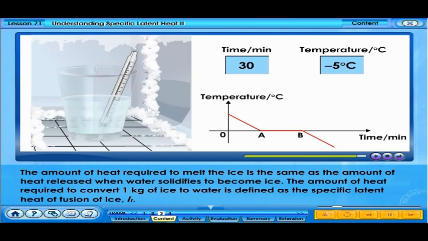The amount of heat required to melt the ice is the same as the amount of heat released when water solidifies to become ice. The amount of heat required to convert 1 kilogram of ice to water is defined as the specific latent heat of fusion of ice.